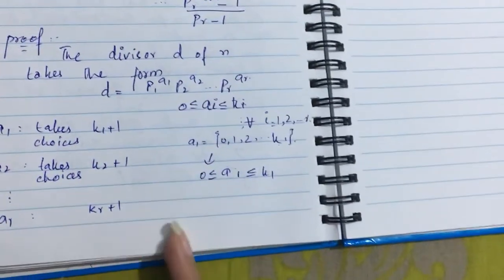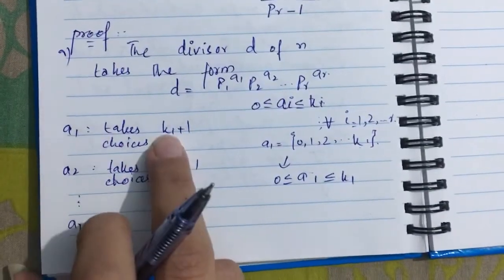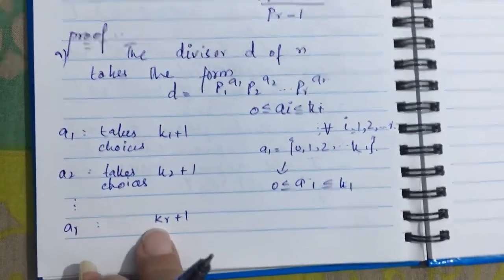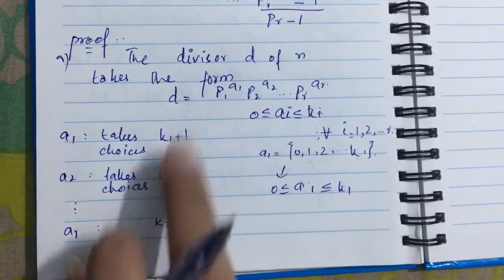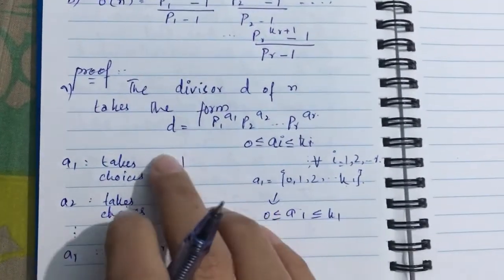So this is the proof of the first part here. We take a1 with k1 plus 1 choices, a2 with k2 plus 1, and ar with kr plus 1. So these are basically the terms here, and these are the numbers.